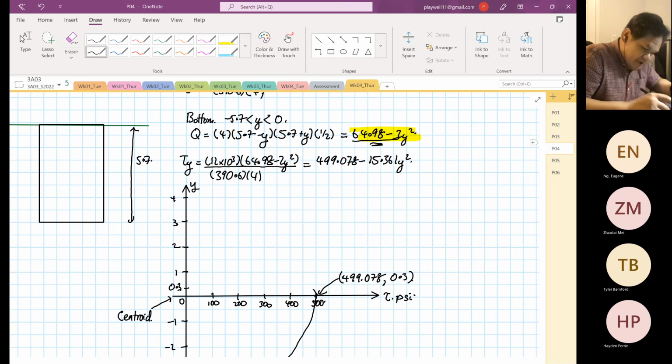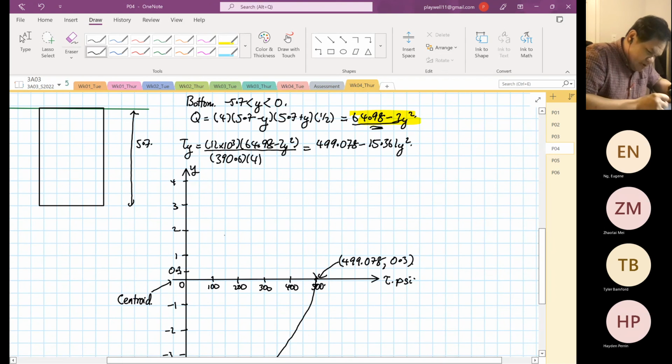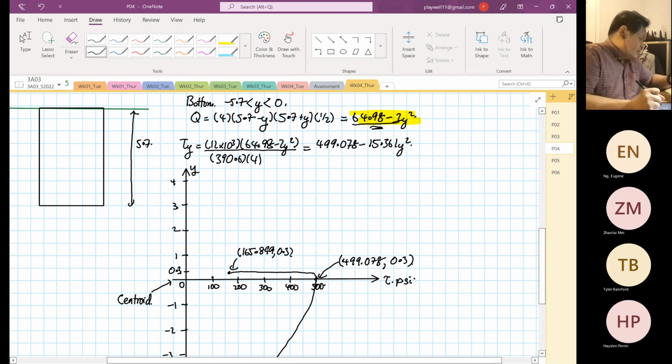So 165.891 is somewhere around here, and it will be a step. So you label this point as 165.899 at 0.3.